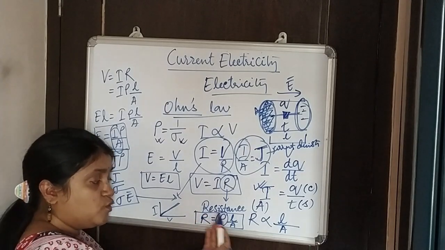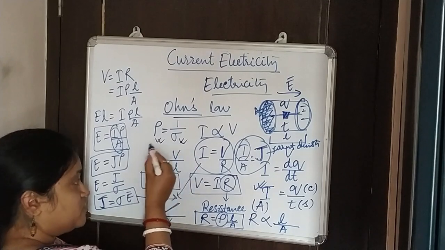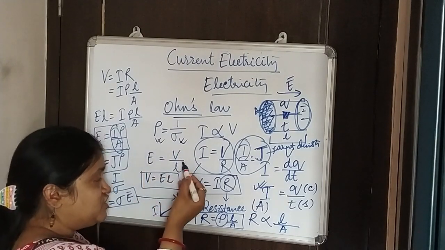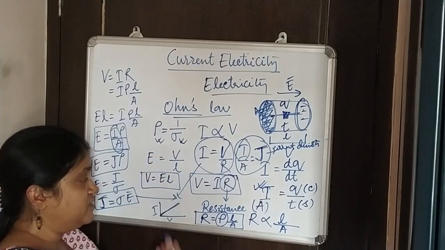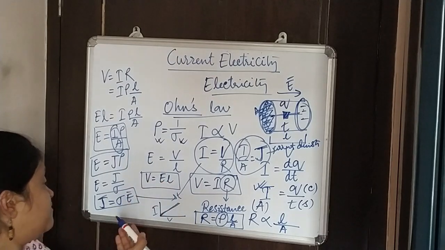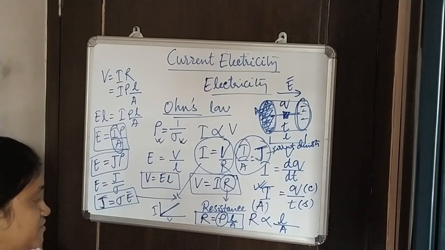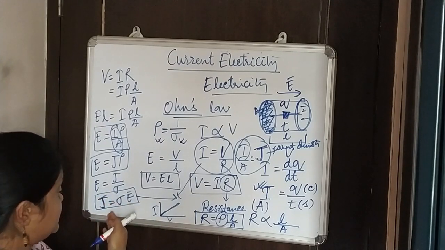From there we have found what resistivity is, and including the concept of electric field and potential relation, where potential is related to the gradient of the electric field, we have found another version of Ohm's law, which is a relation between the electric field and current density.